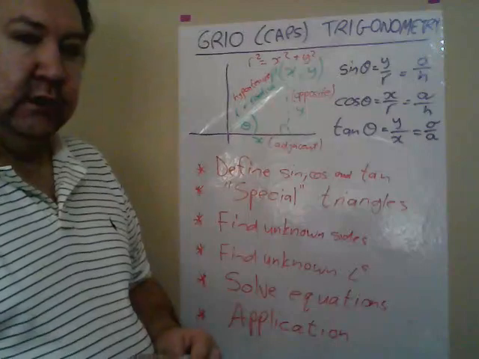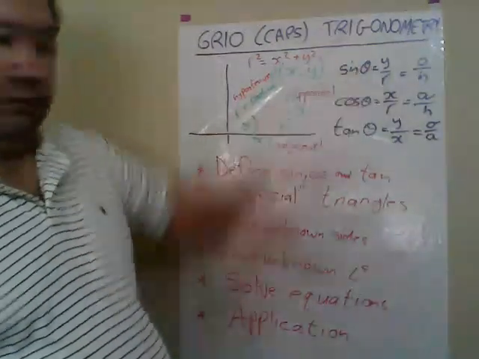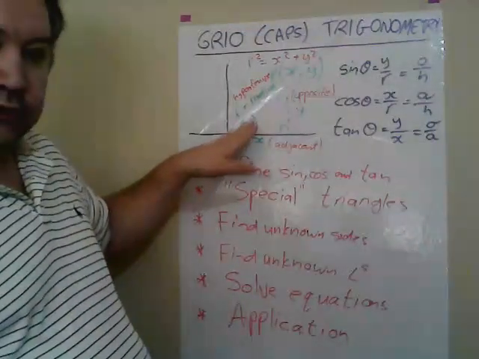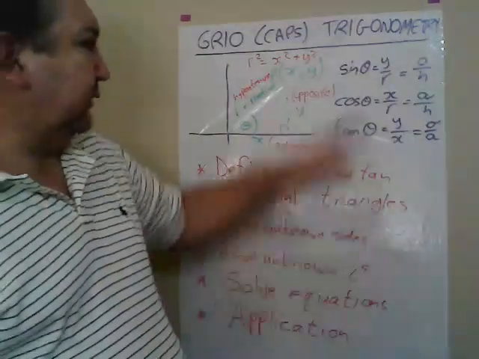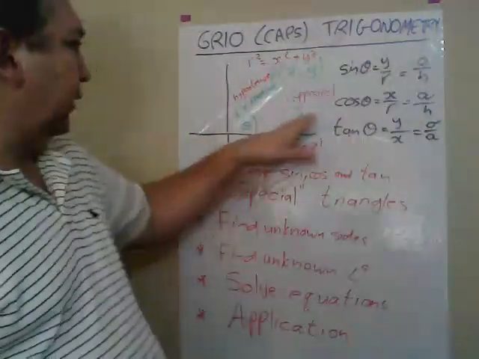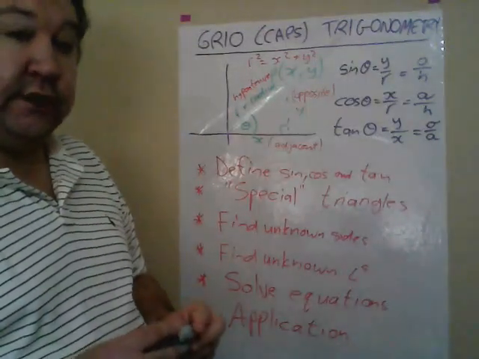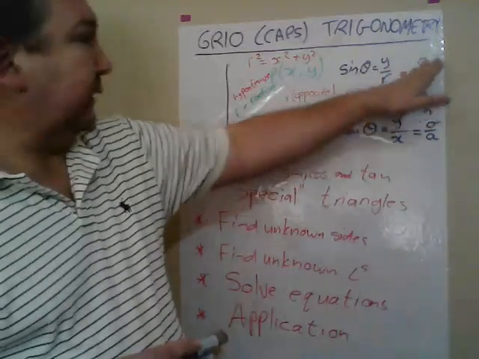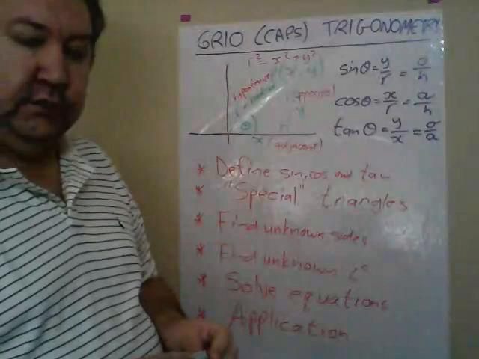Okay, so let's look at sin of theta. Sin with relation to this angle on the Cartesian plane is defined as y over r. Very important: sin, cos and tan give us a ratio of sides. We can also write that as O over H, opposite over hypotenuse.